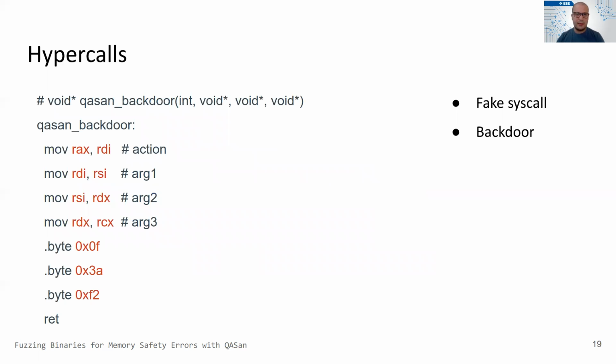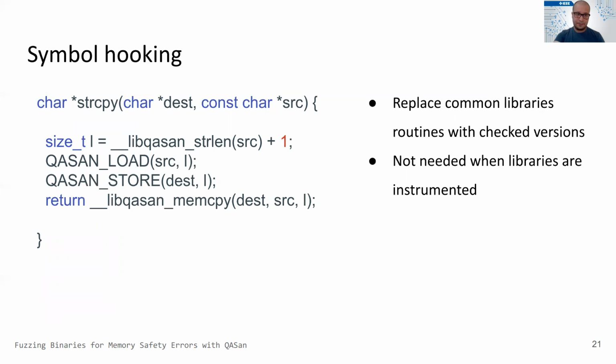And the fast one is the backdoor, which accesses the QASan dispatcher directly. It is done by inserting a new instruction in the target architecture. In this case, in x86-64, you can see that this instruction doesn't exist, and it can be executed only inside QASan. This is faster.